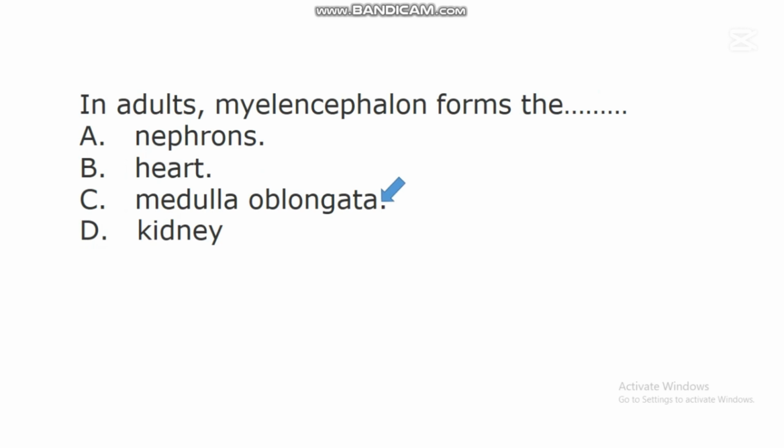Research has shown that in adult humans, this region of the brain known as melencephalon forms the medulla oblongata. The medulla oblongata originates from the melencephalon because it undergoes some changes leading to the formation of the medulla oblongata in adults.